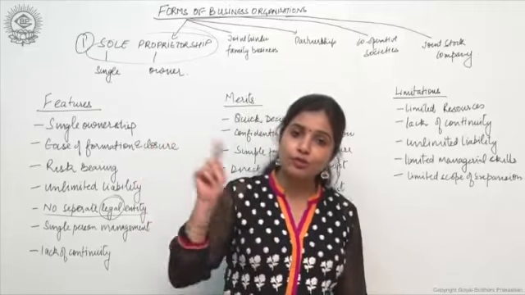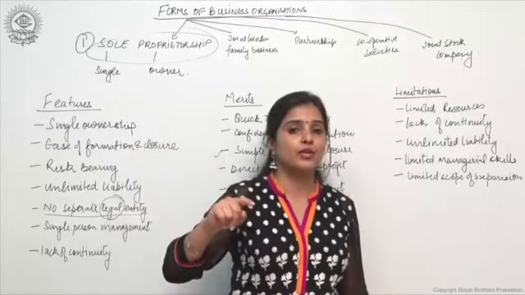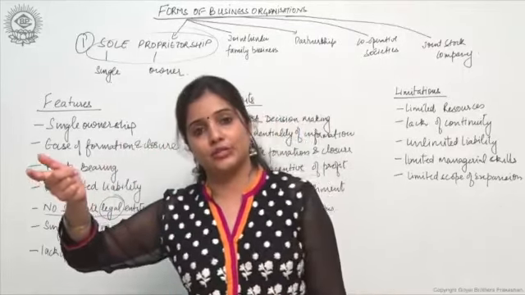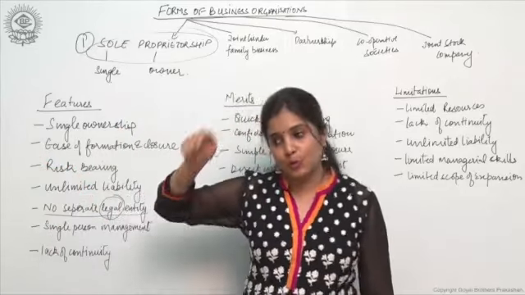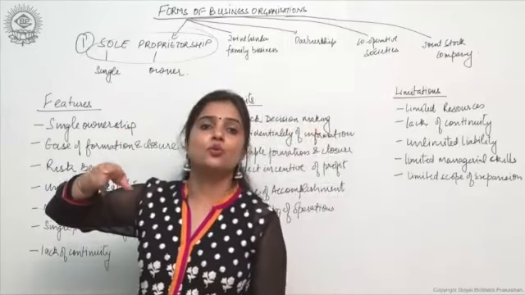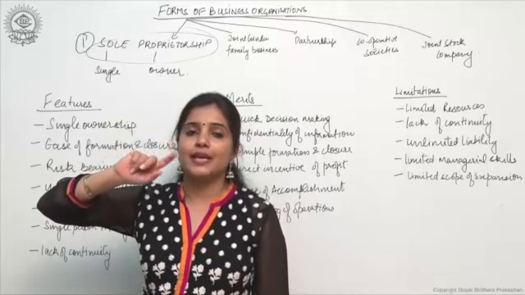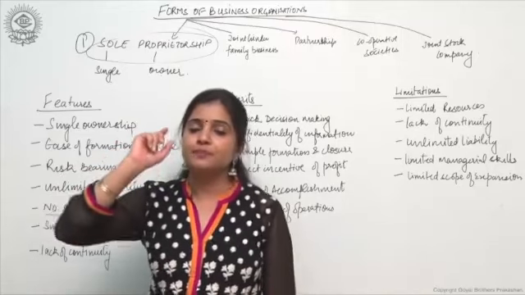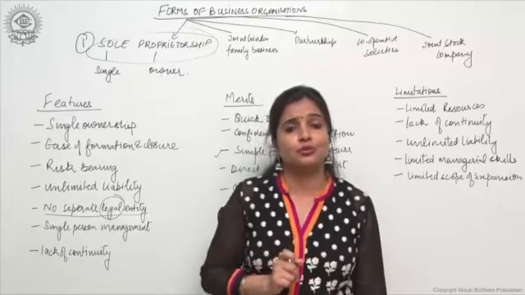So then he will have to switch over from the sole proprietor form of organization to any other form of organization, right? Because sole proprietorship is only suitable for small scale businesses requiring a small amount of capital to be contributed.